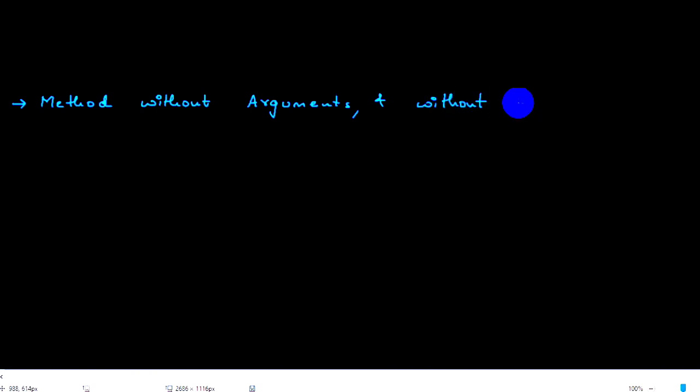The first one we need to understand is a method without arguments and without a return statement. This is the first way of defining a method. How many ways do we have here? We have four ways of defining a method.